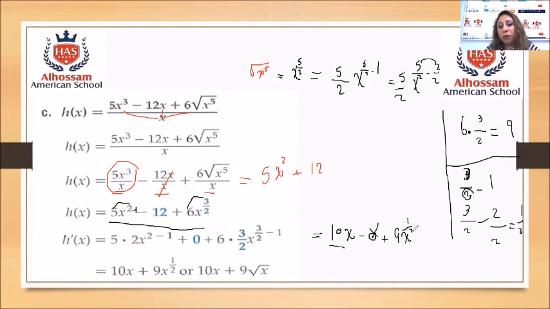Since in the beginning it was written in the form of a radical, let's convert it back into a radical. So x to the power of half is radical x, or square root of x. So the final answer will be 10x plus 9 root x, and this is the final answer for number C.